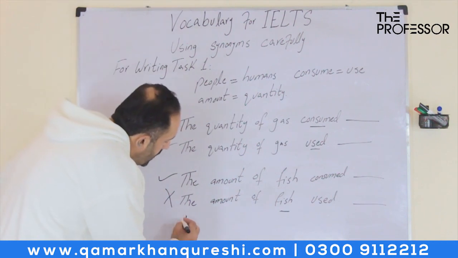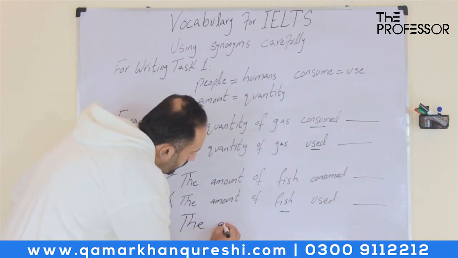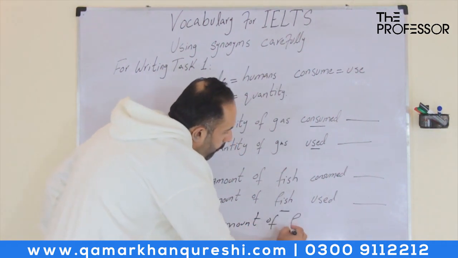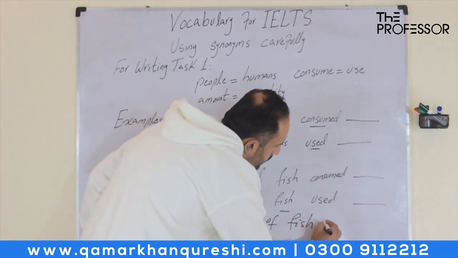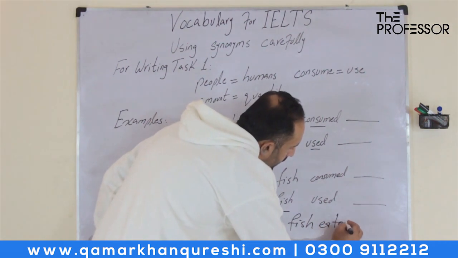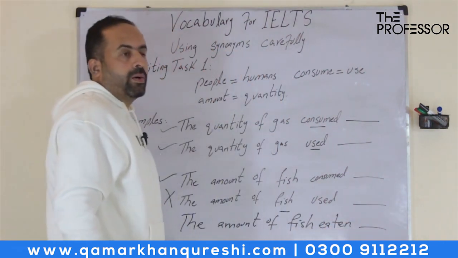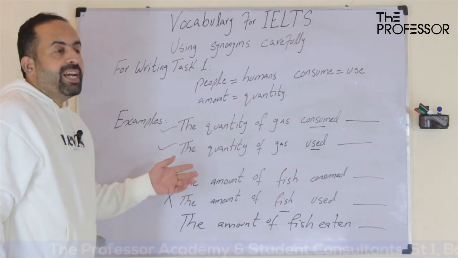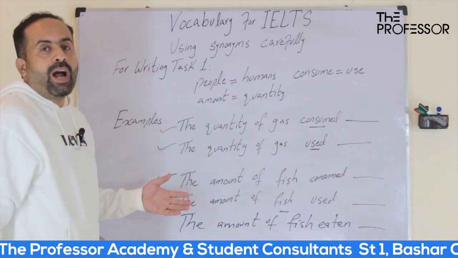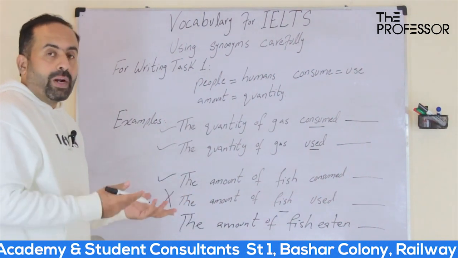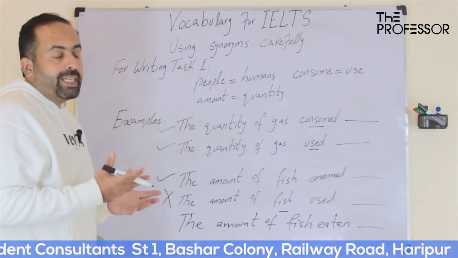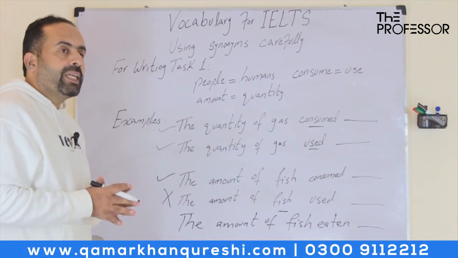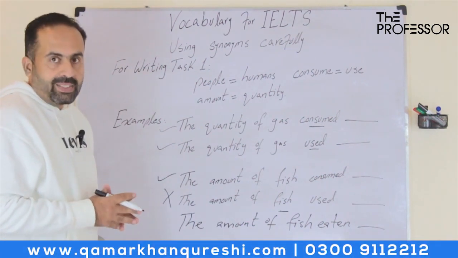Instead, we can say the amount of fish eaten. So this is the difference. These are very tiny differences that you have to keep in mind, and with practice you would know कि कौन से ऐसे अल्फाज हैं, वर्ड्स हैं जो हम पैराफ्रेजिंग जिसकी कर सकते हैं और जिनकी नहीं कर सकते.